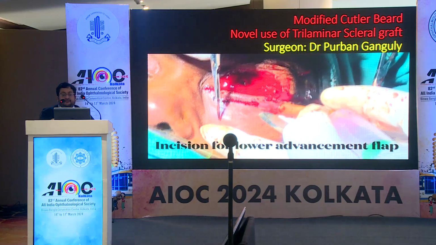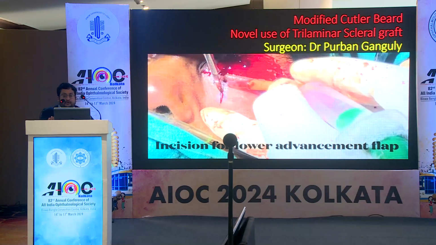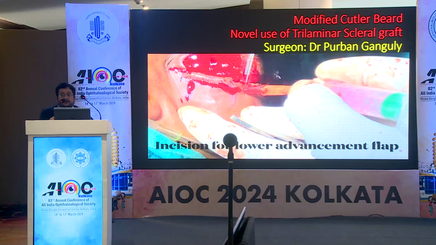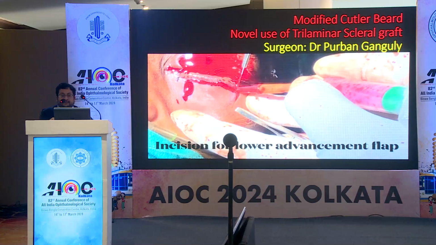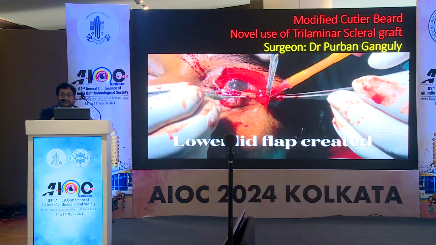After the created defect has been measured, we are taking the advancement flap from the lower eyelid. The horizontal incision of the advancement flap must be given at least 4 millimeter below the lower eyelid margin, otherwise the bridge might slip or it might break.